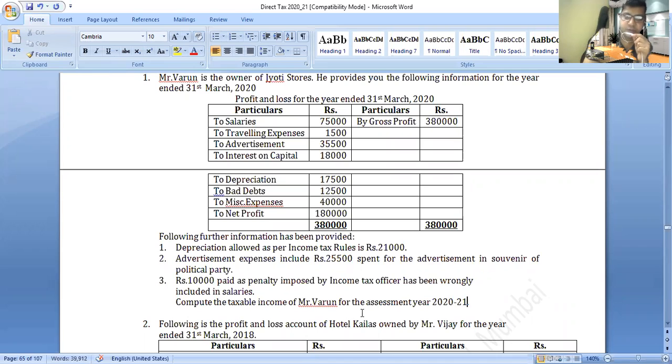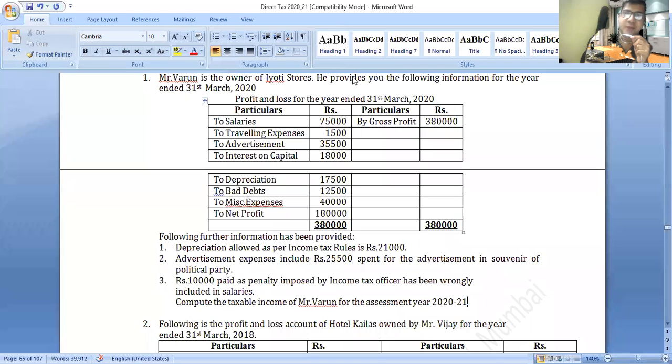So see friends, here Mr. Varun is the owner of Jyoti Stores. It means he is a businessman. He is doing business. And he has provided information about the profit and loss account. On the basis of this information, we will calculate the taxable income of Mr. Varun.